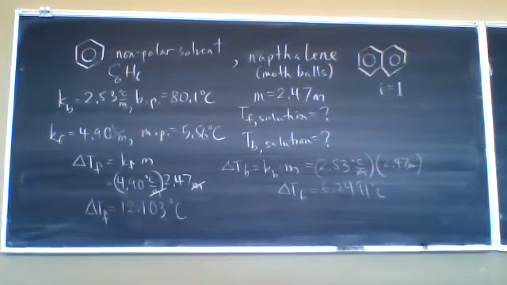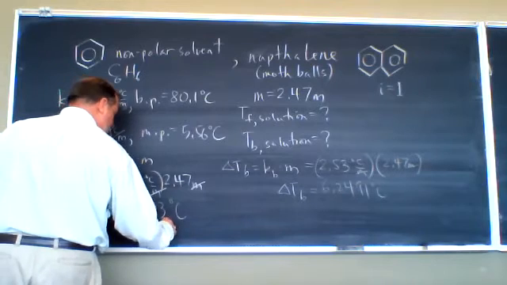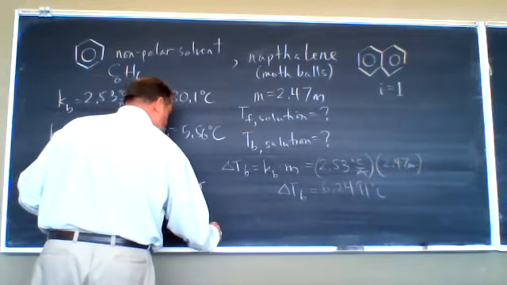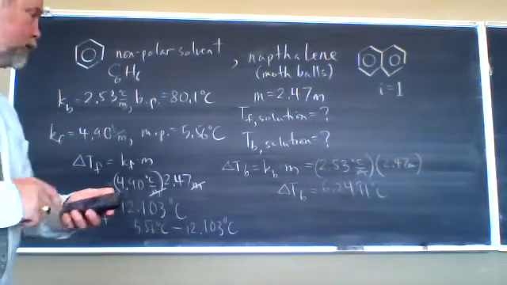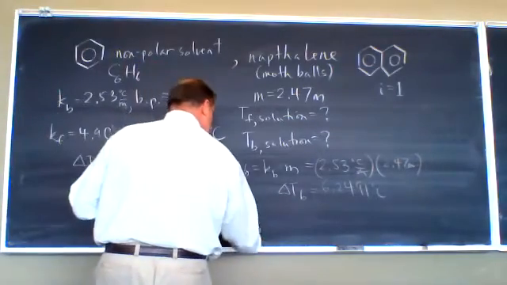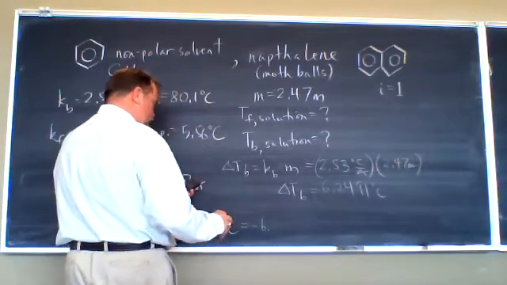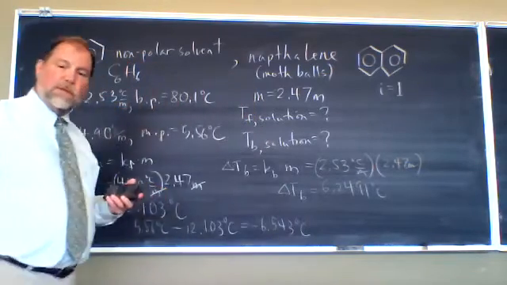We have to go ahead and subtract this value from the freezing point of pure benzene. So we have 5.56 degrees Celsius minus 12.103 degrees Celsius. When I do that arithmetic, my calculator gives me negative 6.543 degrees Celsius.